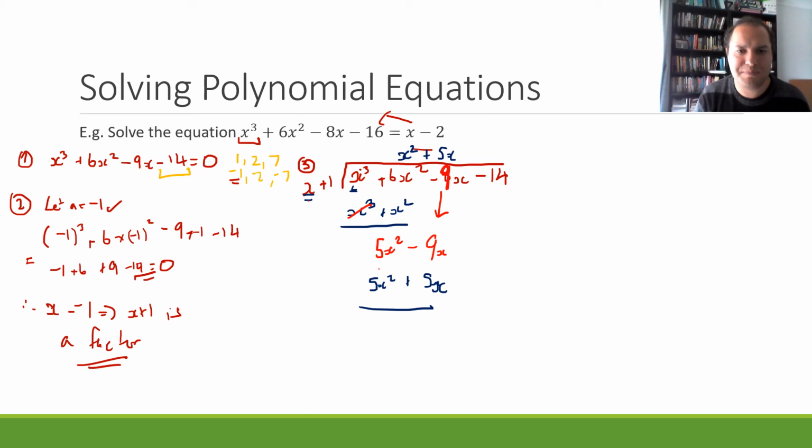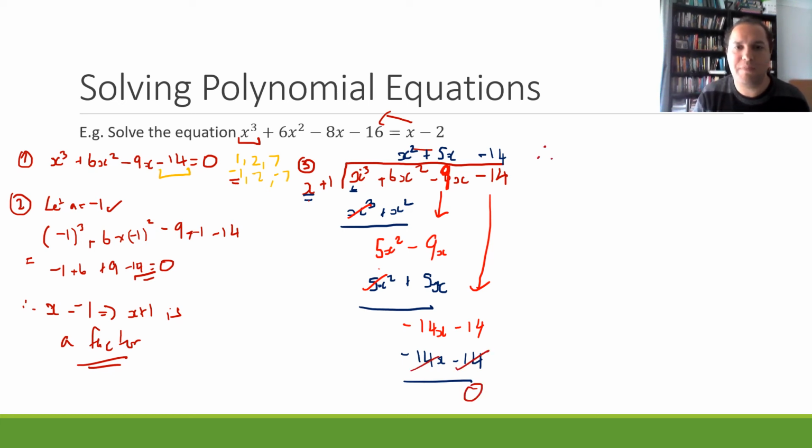Subtracting those, the 5x squared cancels, negative 9x minus 5x is negative 14x. Bring the negative 14 down. x into negative 14x will just be negative 14, and thankfully there is no remainder, as we expected.